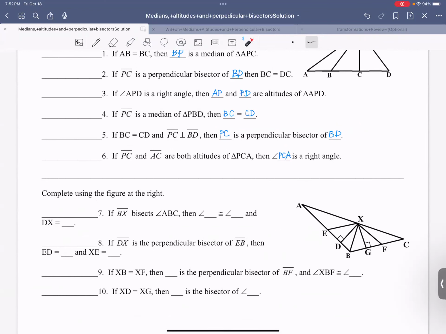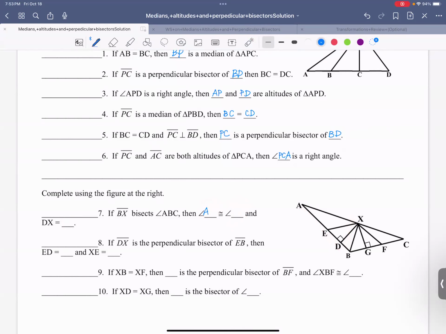Number 7. Chloe, let's try here. BX bisects ABC. So these two angles are equal, okay? So you can have a conclusion here, and the conclusion here is who? Angle ABX is congruent to angle CBX.